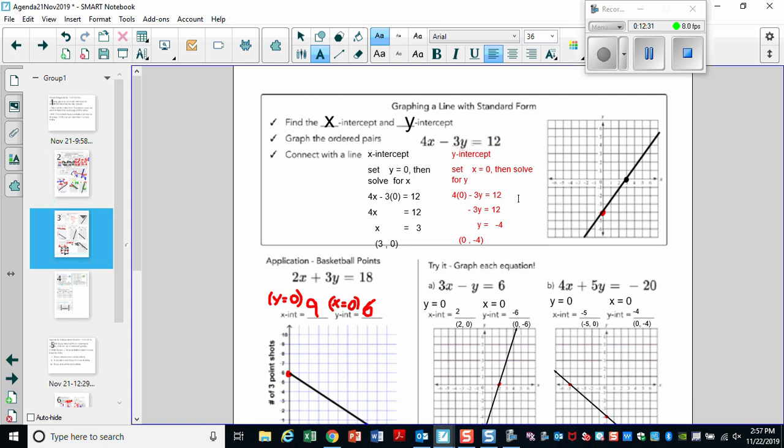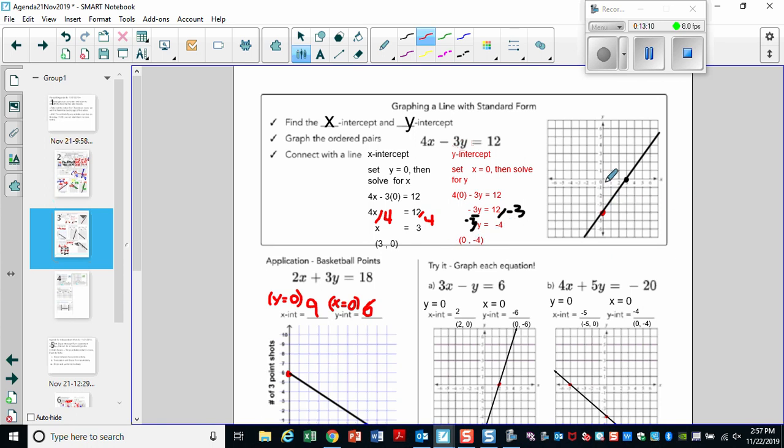Divide both sides by 3, and then your result is y equals -4, because positive divided by negative is a negative. Unlike here, 4x divided by 4, you get x equals 12 divided by 4, which is positive 3. Here, y equals -4, so our ordered pair is (0, -4).